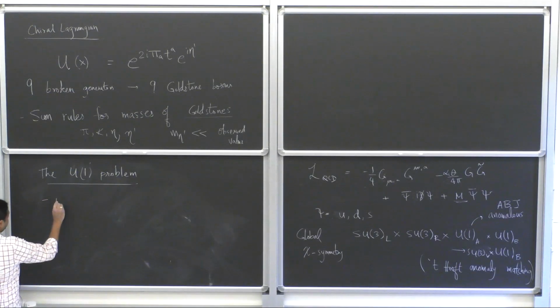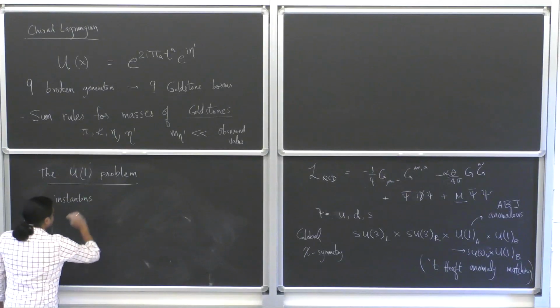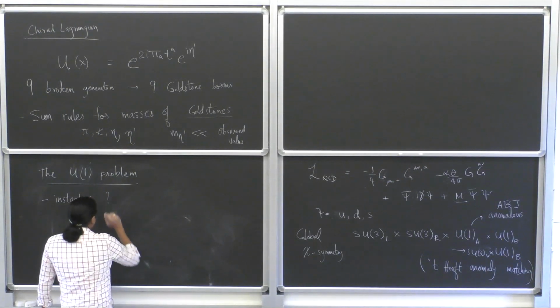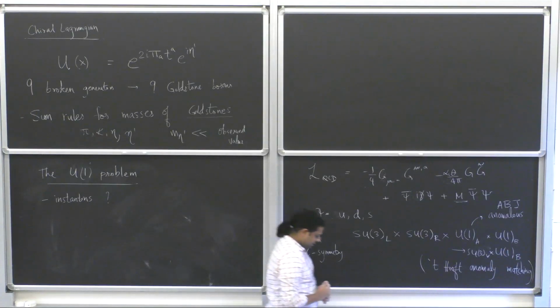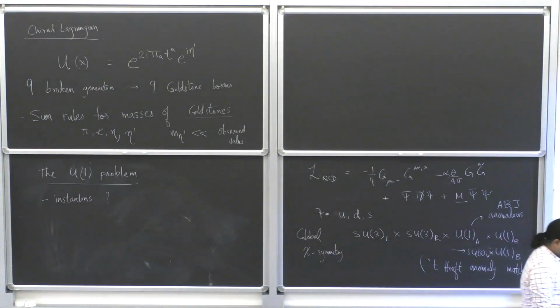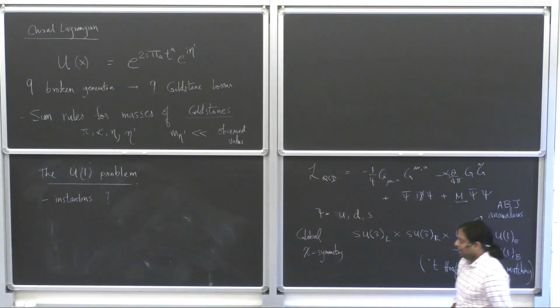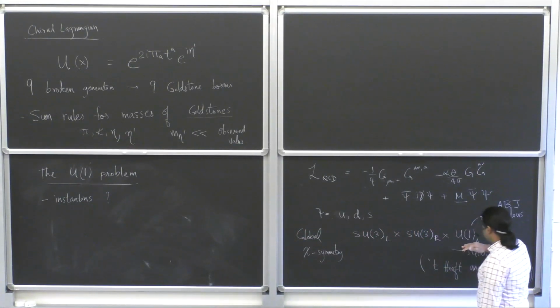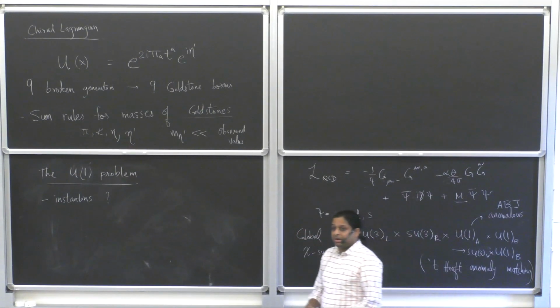Historically, this was important because this was one of the first appearances of instantons in gauge theory. But again, I think the instanton calculus that shows that the U(1) symmetry is broken is not really reliable around the QCD scale.